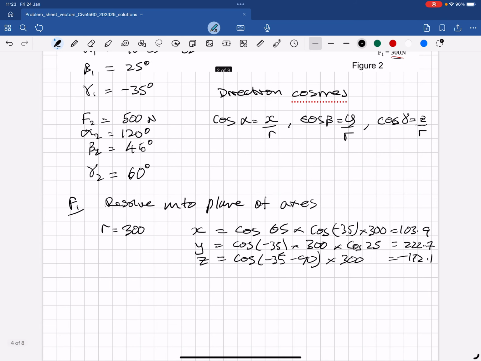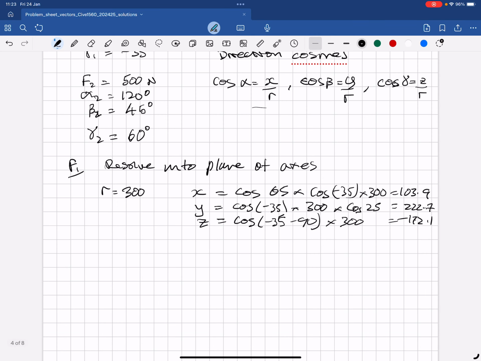Okay, so we've got all the x, y, z's and r's for these direction cosines, so we could calculate the angles, but let's just first calculate the other vector components. Maybe I could label these x1, y1, z1. R2 is equal to the magnitude, 500. X2 is equal to cos 120 times 500.